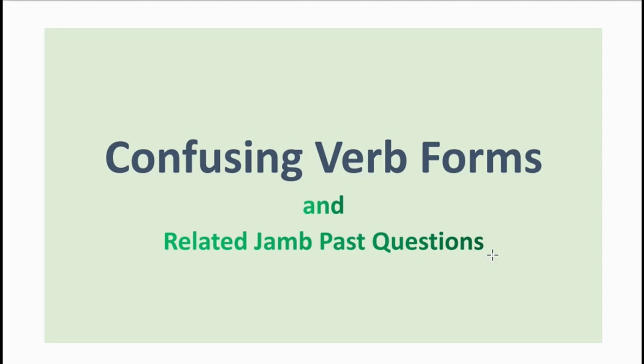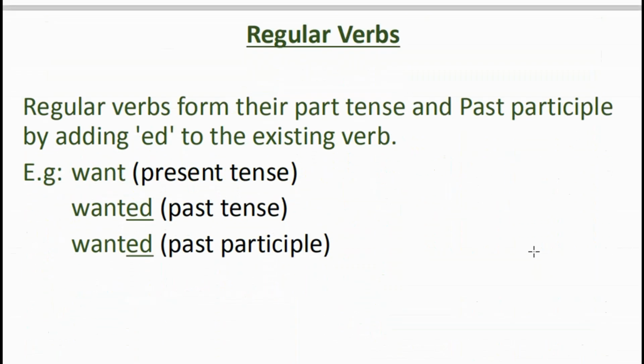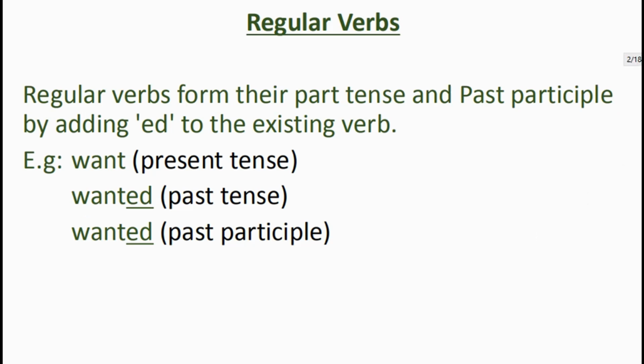When it comes to tense formation, verbs are categorized into regular verbs and irregular verbs. Regular verbs form their past tense and past participle by adding ed to the existing verb. For example, let's look at the verb want, W-A-N-T, in the present tense. In the past tense, it becomes wanted.